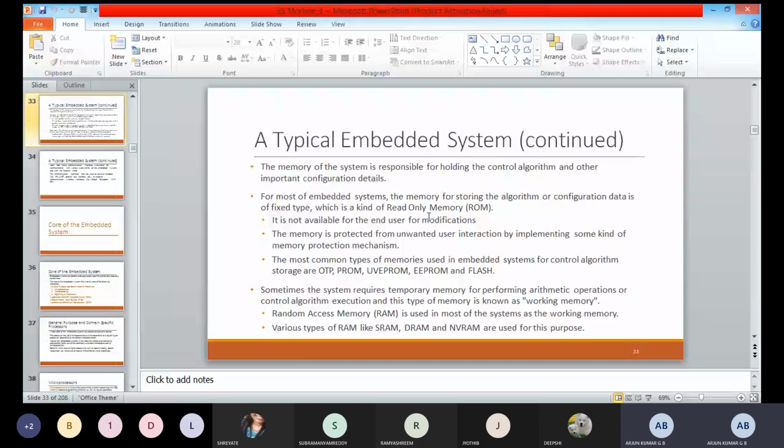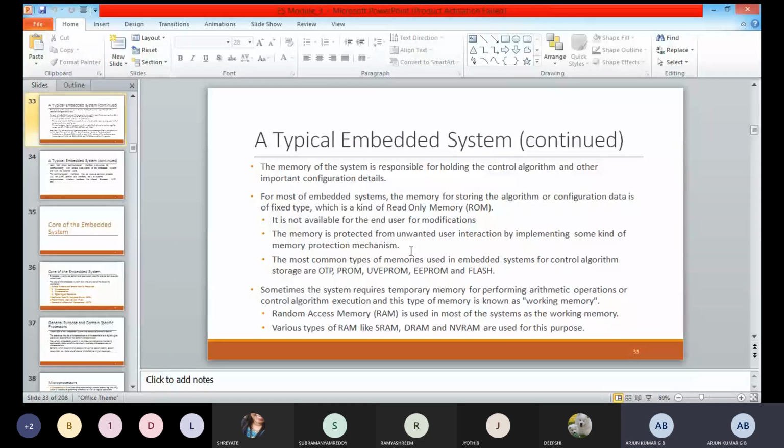The memory is protected from unwanted user interaction by implementing some kind of memory protection mechanism. That's why some microcontrollers and microprocessors give memory protection mechanisms. In the architecture we also discussed the MPU, the memory protection unit. That's also optional.